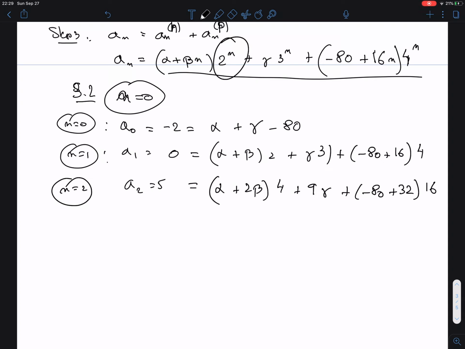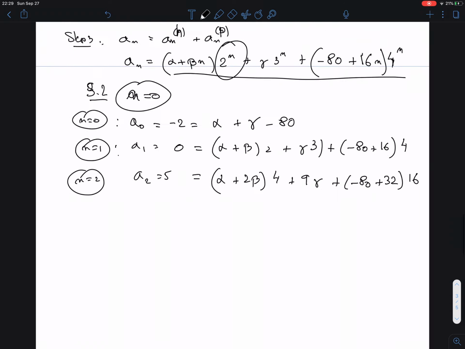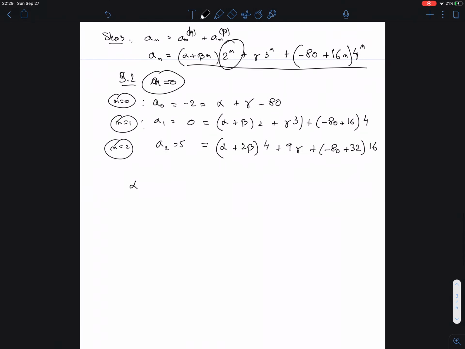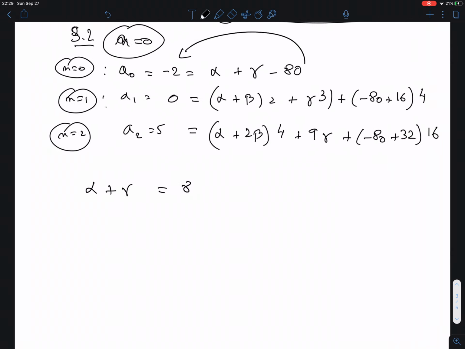Now, this is still, of course, rather ugly, but let's see how far we can get in this one, right? So, okay, the first one is alpha plus gamma equals, sorry, I have to bring the 80 to that side, and that would make it 78, right?